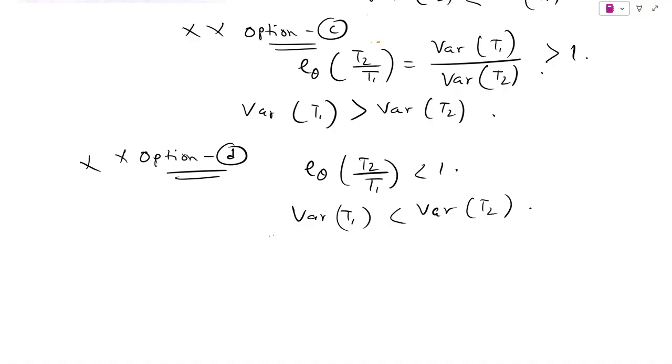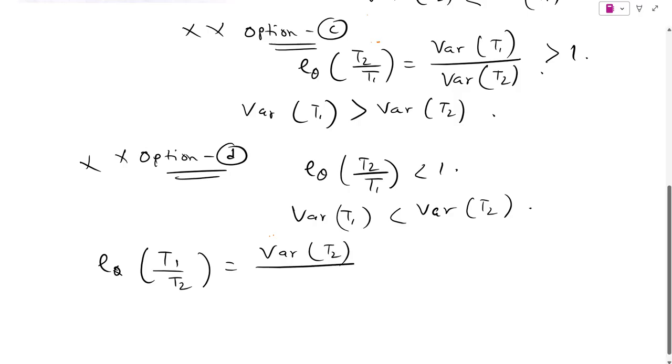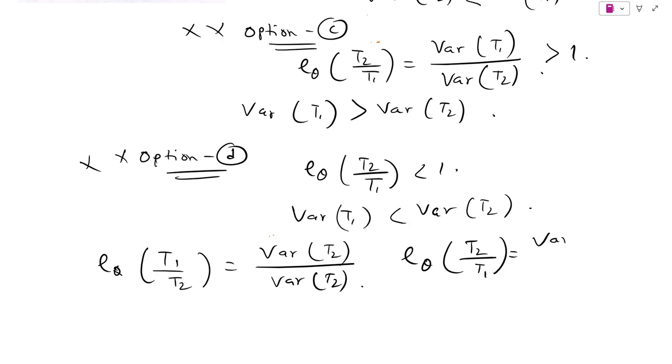So let us derive an important identity here. Similarly, now multiply them.